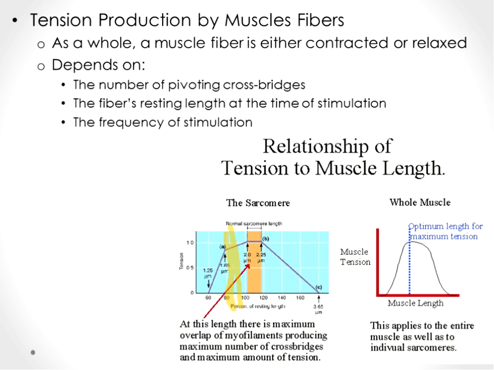So getting them to be a little longer, stretched a little bit, is going to enhance, when you ask the muscle to produce a force in a given one twitch scenario, and help you produce a more powerful twitch.